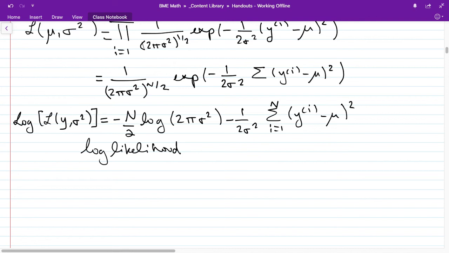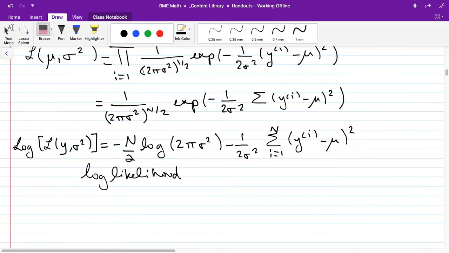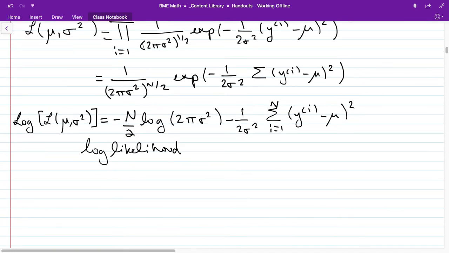And we want to find the parameters that maximize our log likelihood. What are the parameters here? This likelihood is a function of two parameters, right? The mean and the variance. So we want to find the mean and the variance that maximize the likelihood of seeing that data.